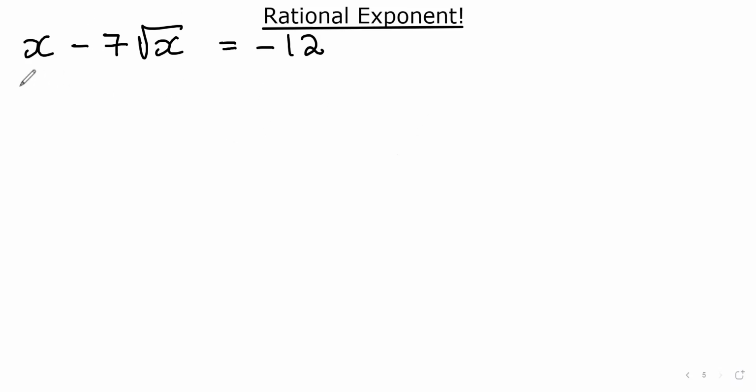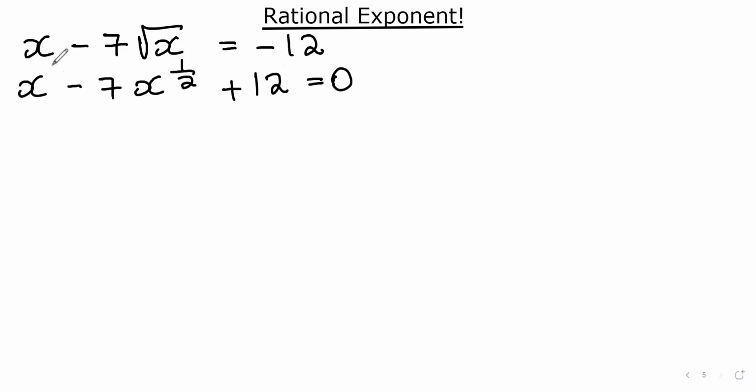Well, you can actually do this problem in one of two ways. By first saying the square root of x is the same as x to the half. And then you can take this 12 to the left-hand side and listen to what you're now saying. You say, okay, fine.